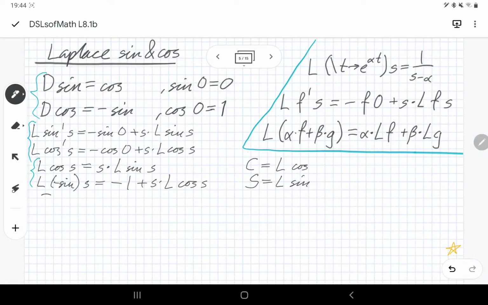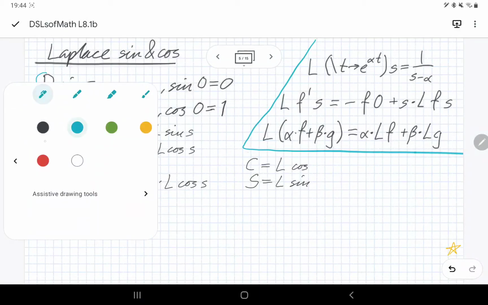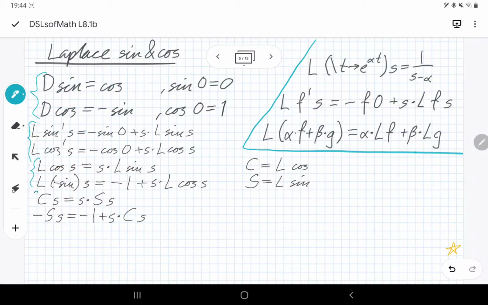This is the cosine transform of s, which should be equal to s times the sine transform of s. And, using the linearity of Laplace here, minus the sine transform of s equals minus 1 plus s times the cosine transform of s. Okay, nice.